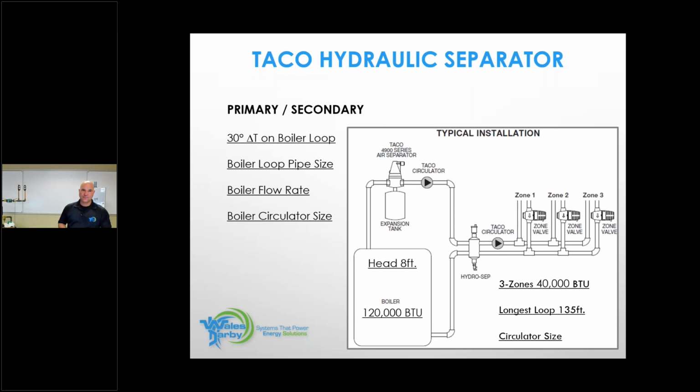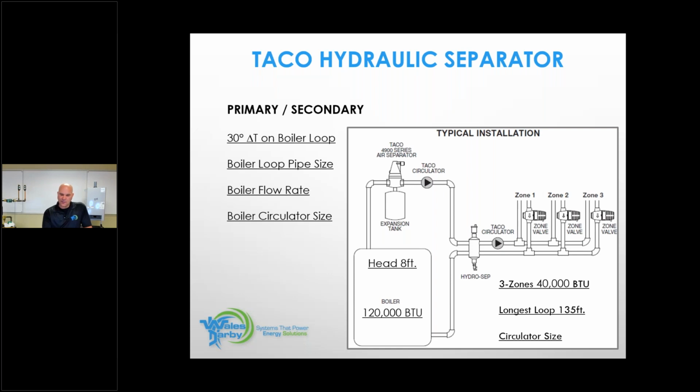So 30 times 500 is 15,000, right? Boiler loop size. We'd like to know what the piping size is on the boiler. That is a hydraulic separator, like closely spaced T's. So the boiler piping, what size would it be? What is the flow rate going to be across the boiler? And what is the circulator size on the boiler side?